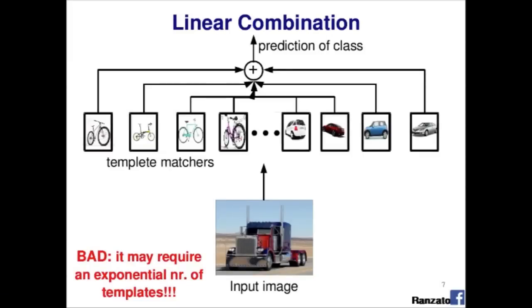And here is why. When you do a linear combination, effectively, you do template matching. And now, if you consider that there is an exponential number of instantiations that objects can take because they can be in different position, rotation, scale, lighting, and so on and so forth, you need lots and lots of different templates overall in very high dimensional spaces.